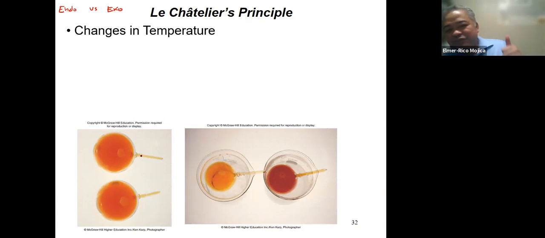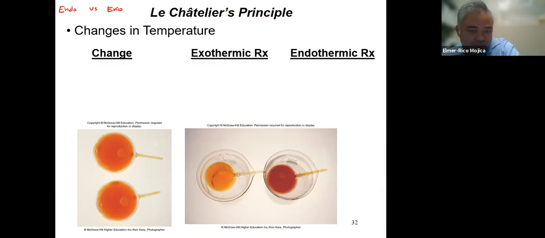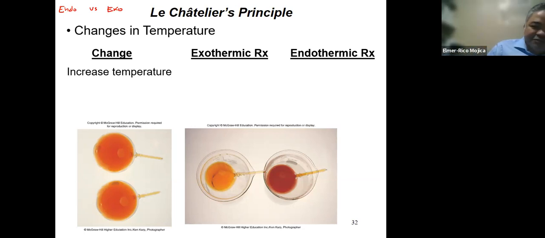Because depending on whether you have an endothermic or exothermic reaction, the changes in the temperature are different in a given system. If you increase the temperature, the change for an exothermic reaction is different from that of the endothermic reaction.